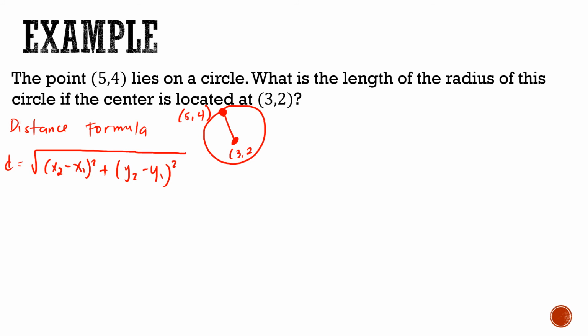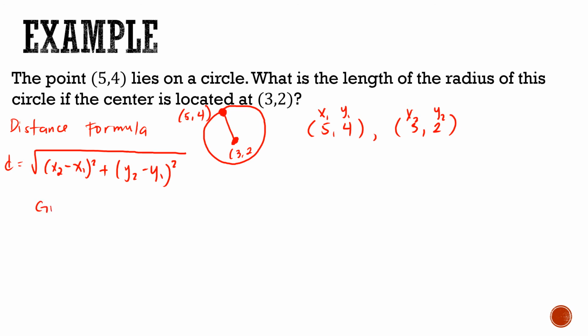Now we have two ordered pairs: (5, 4) and (3, 2). Remember, the ordered pair is composed of the x and y values, or the abscissa and the ordinate. Since we have two ordered pairs, we can rename the first ordered pair as x sub 1, y sub 1, and the second ordered pair as x sub 2, y sub 2.